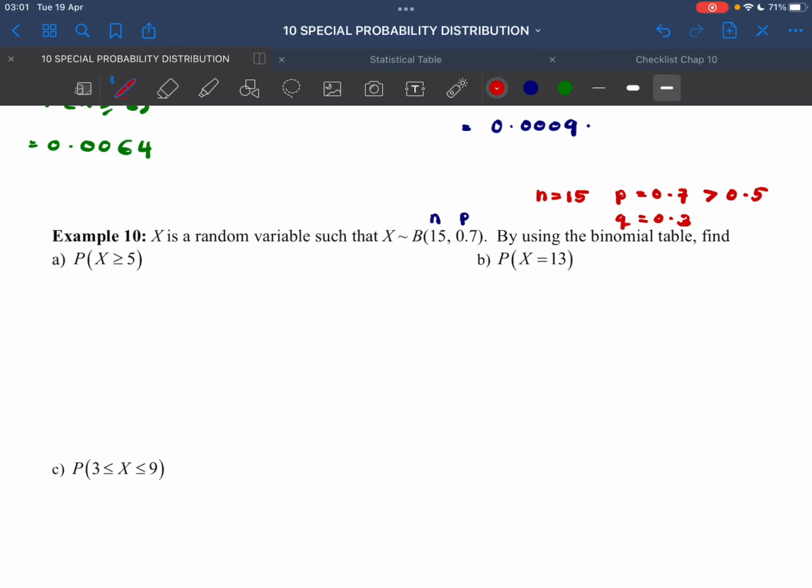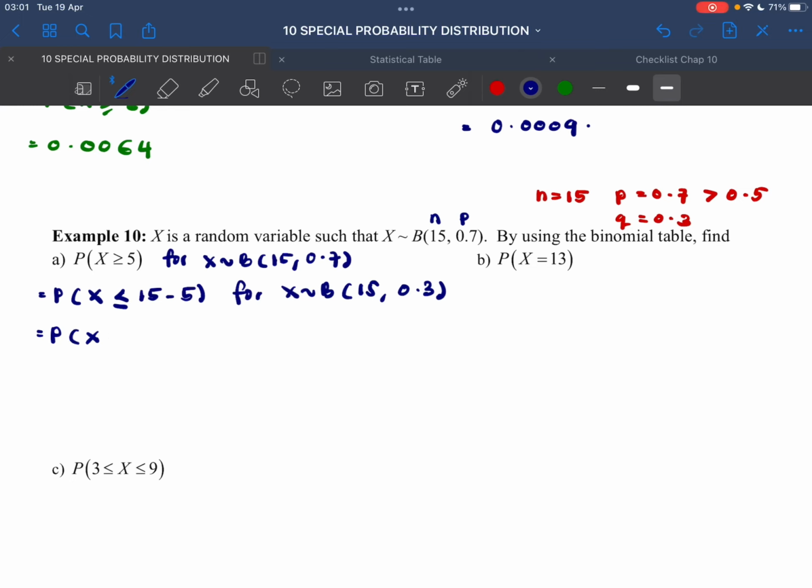Now we want to find P(X ≥ 5), but remember this is for the original distribution, n is 15, p is 0.7. Since we want to change, we have to change the sign as well. Greater than or equal becomes less than or equal to n minus r, so 15 minus 5. This is your new distribution with n is 15 and q is 0.3.